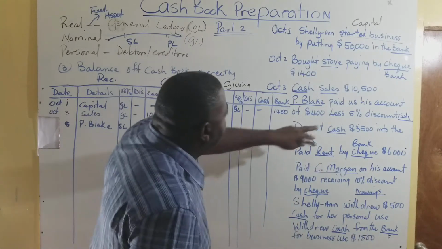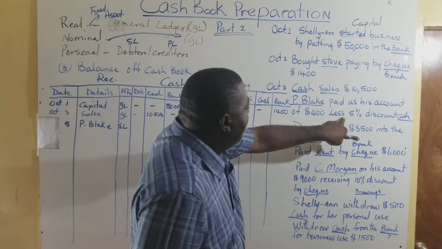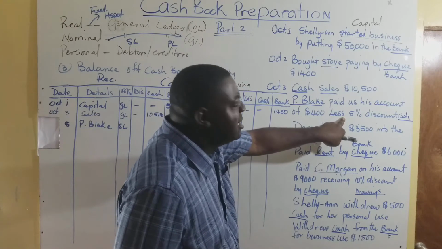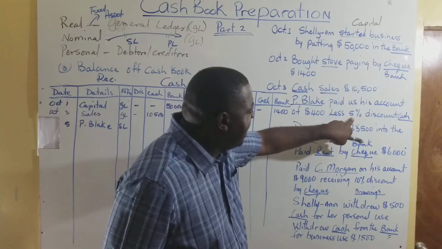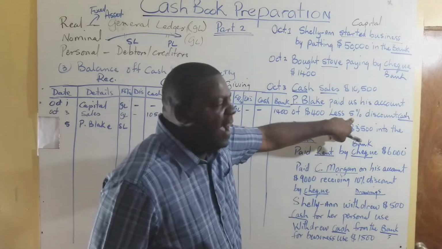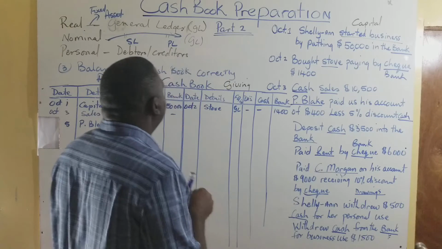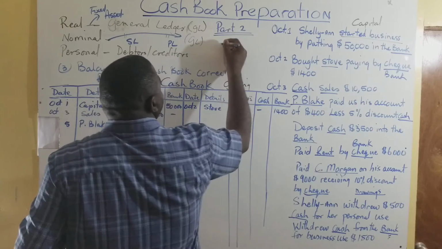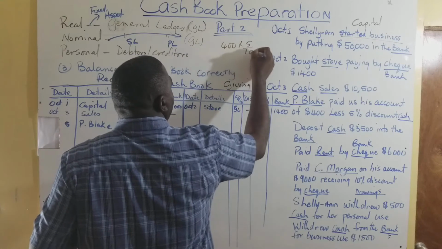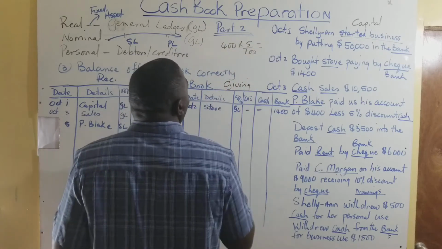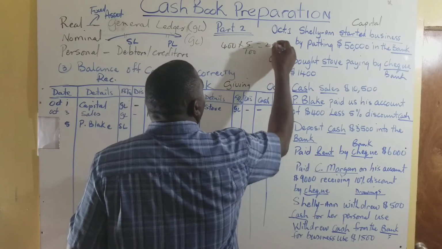Now, the second part of that is that he's paying us, and because he's paying us on time, we are giving him 5% discount, which means that it is 400 times 5% over 100, and that is going to be $20.